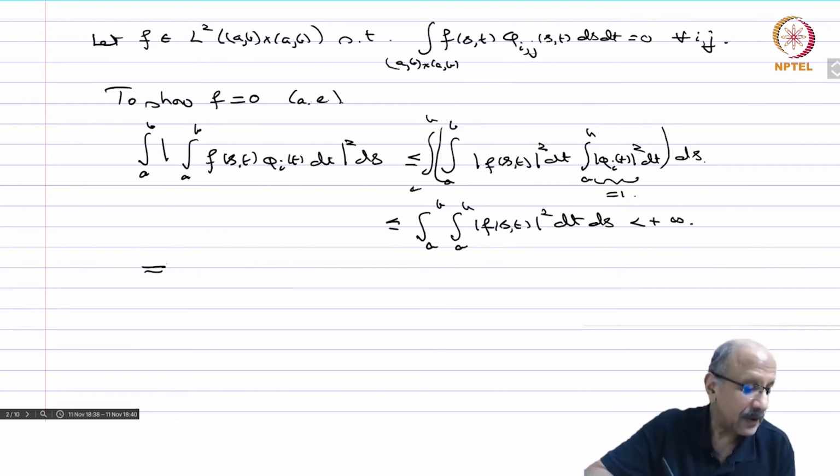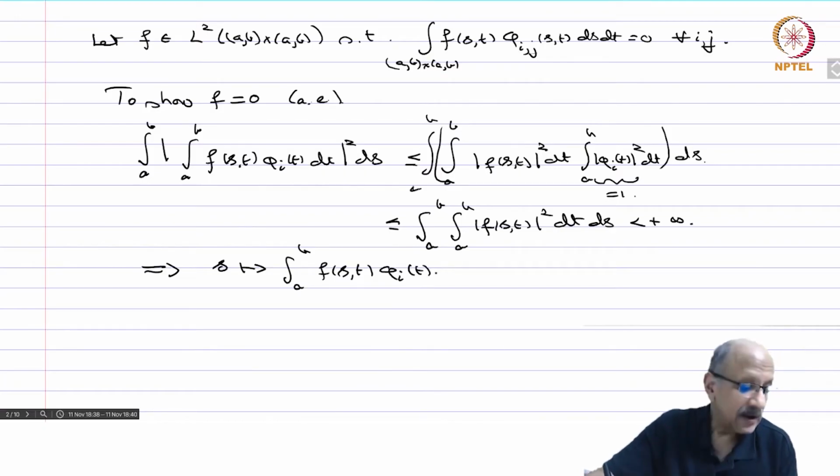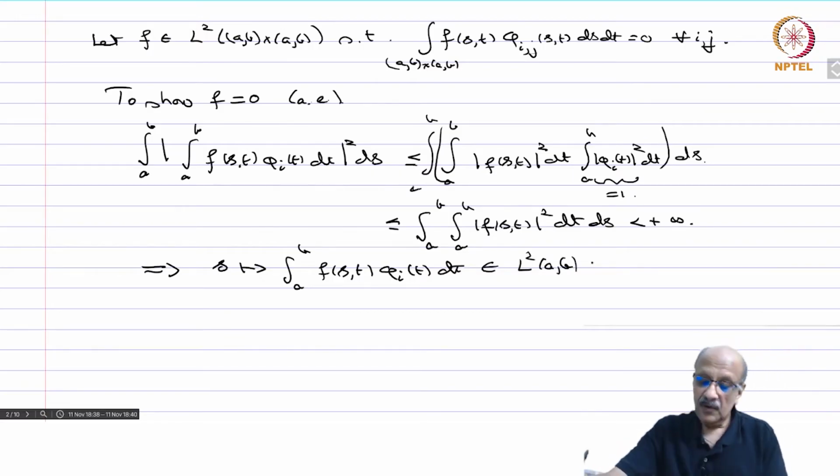Therefore, this implies that s going to integral a to b f(s,t) phi i(t) dt belongs to L2 of AB. So we have shown that that integral is in L2 of AB.